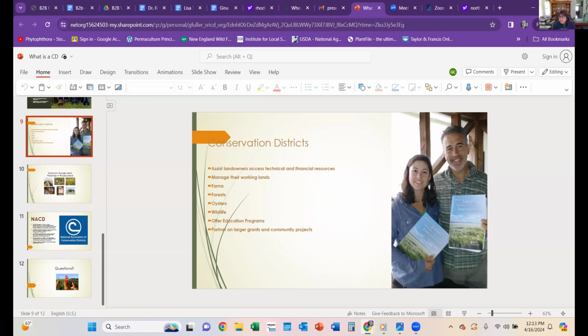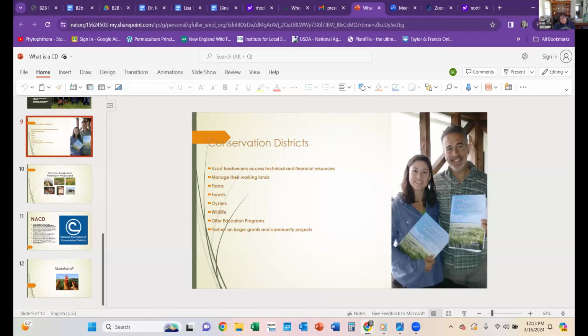And I usually can put them in touch with the right person or the right group if it's something that we can't do. So definitely encourage all of you, whether you're in Rhode Island or another state, to meet your conservation district folks and build a relationship there to help you navigate what can sometimes be really intimidating and daunting.